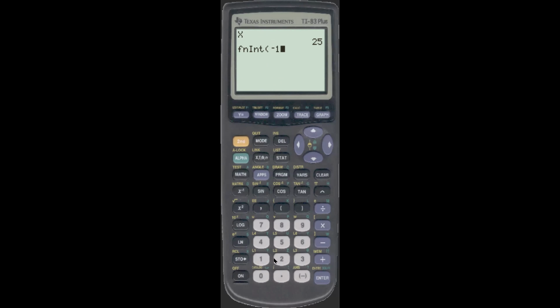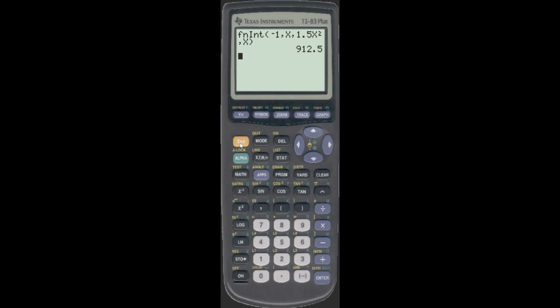I go -1, comma x, comma 1.5 x squared. I don't think that'll work. It's missing an argument. So let's go comma x and see if that works. See how I get 912.5, because it's doing it from -1 to 25.